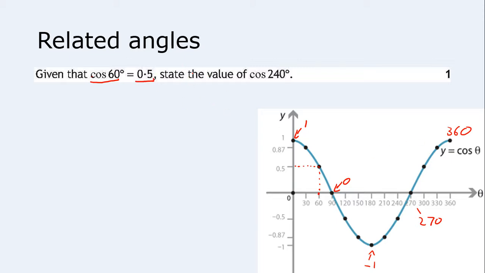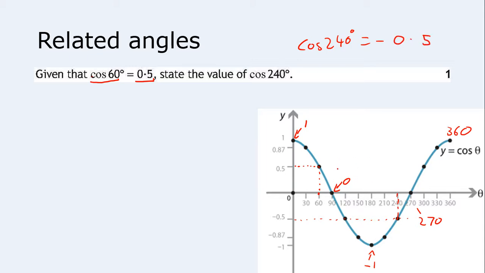What they want to know is the value of 240. So they want to know what the value of this point is. Now we can read it off because this is a perfect drawing. You can see straight away that cos 240 degrees is going to be equal to -0.5.